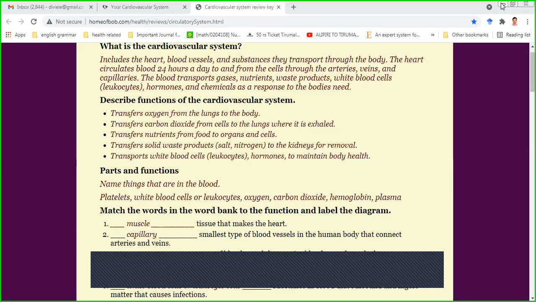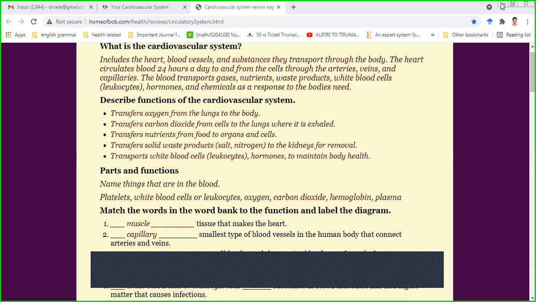The veins and arteries which carry blood to the remaining parts of the body, we call that a systemic circulation.